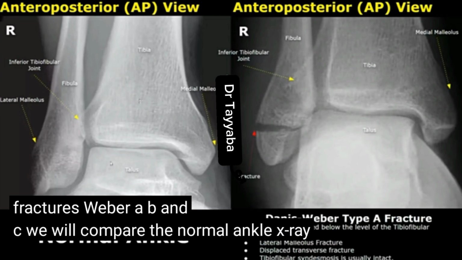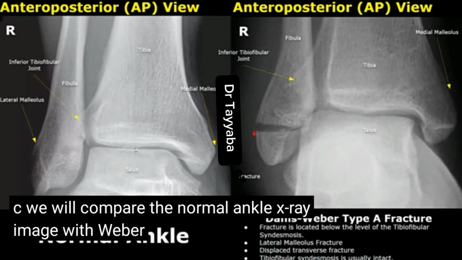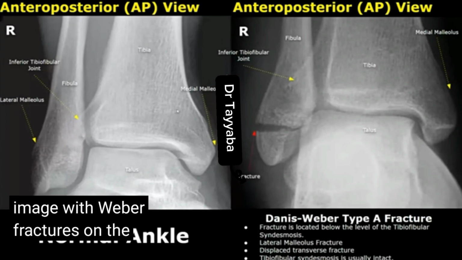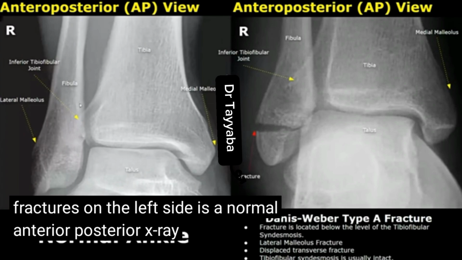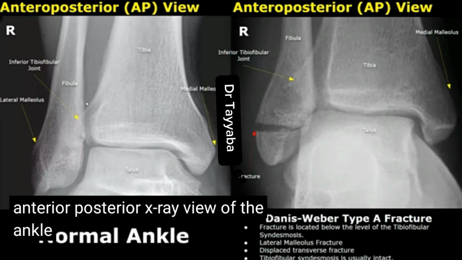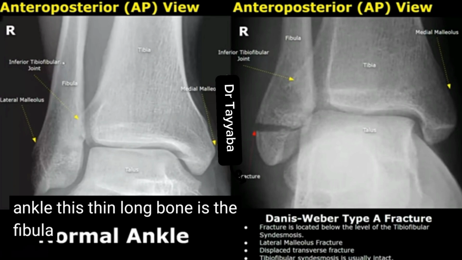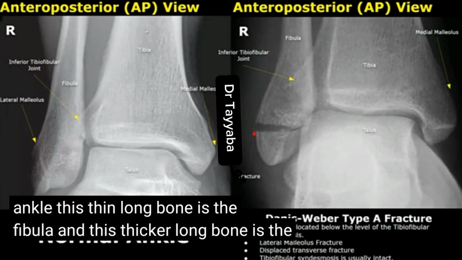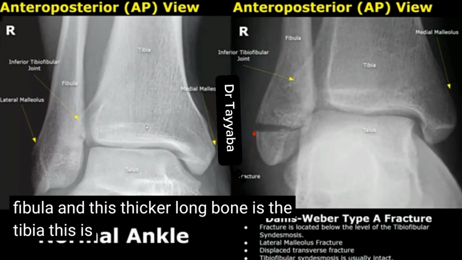We will compare the normal ankle X-ray image with Weber fractures. On the left side is a normal anteroposterior X-ray view of the ankle. This thin long bone is the fibula and this thicker long bone is the tibia.